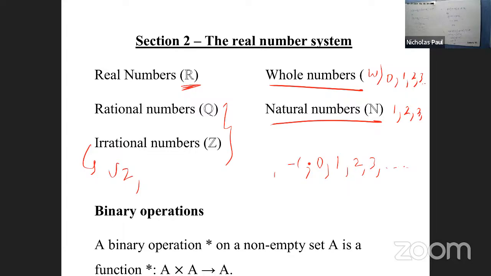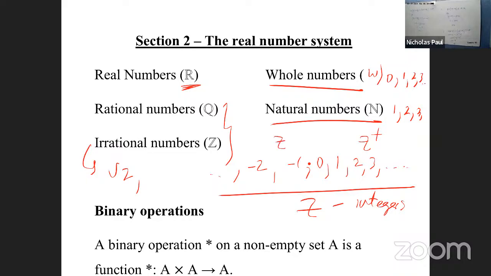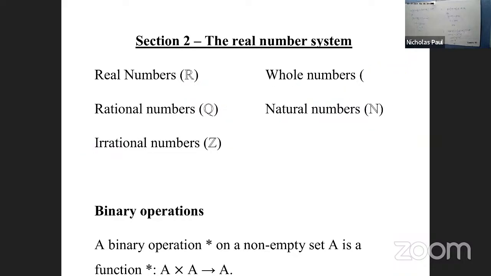Negative values missing. And we call all these what? Integers. Right? We call them integers, okay? So if you see Z, it means integers. What does Z plus mean? Positive integers, right? And Z minus, negative integers. Alright, just to make sure you know those letters.